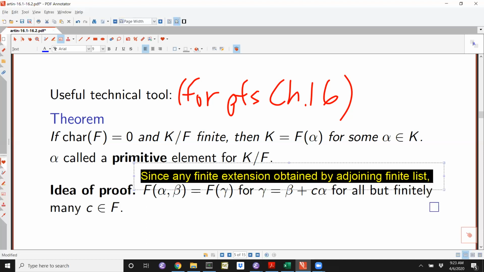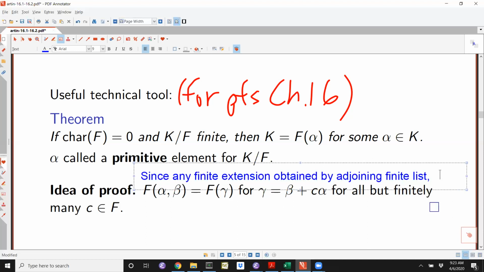It's enough to show that you can reduce an extension by 2 elements to an extension by 1 element, because then, applying that finitely many times, you combine your 77 elements that you added into a single element.